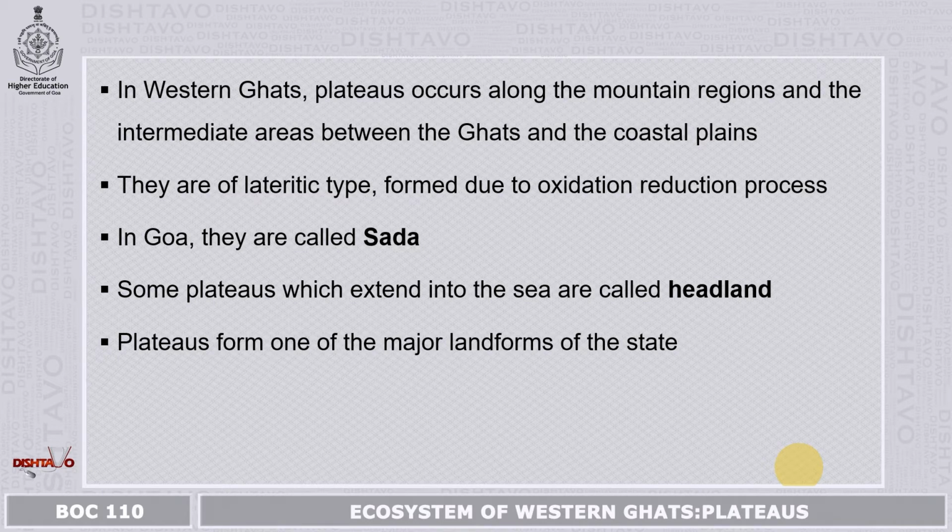Some plateaus which extend into the sea are called headland. You must have heard headland Sada because it is a typical Sada which is extending into the sea. Plateaus form one of the major landforms of the state.